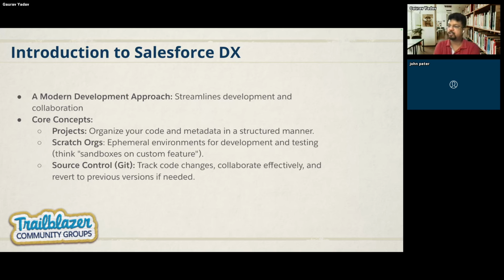So we do have a source control, Git. We can track the code changes and collaborate effectively, as I stated. Source control is a very old concept in software engineering, but it is being introduced into the Salesforce ecosystem recently. Slowly, people are adopting it. So what is source control?